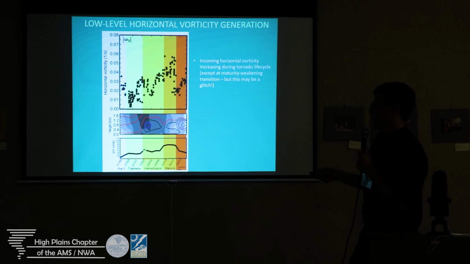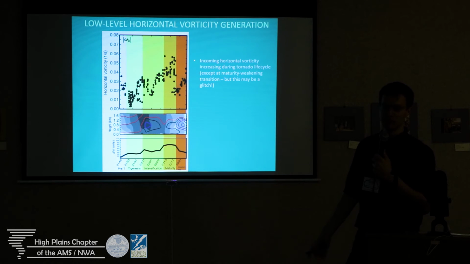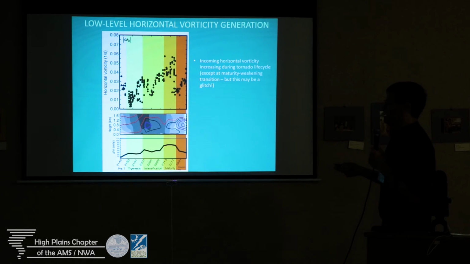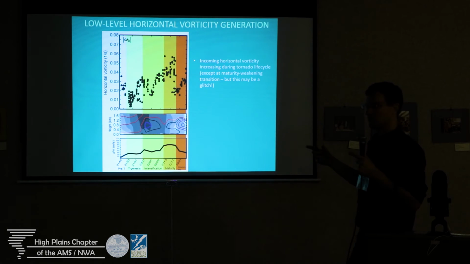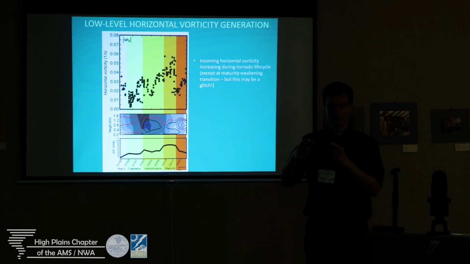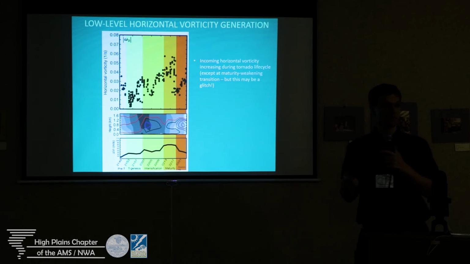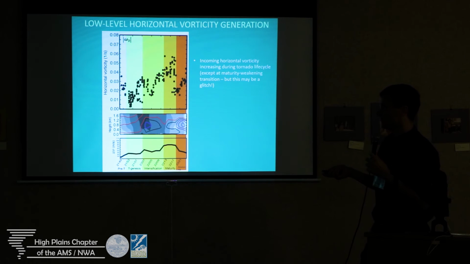But interestingly, maybe the tornado is. Or alternatively, this could be saying that this analysis was just a terrible waste of my time, which probably was. And that what's going on to really ramp up this tornado is on a smaller scale than the mesocyclone, but a larger scale than the tornado, and a scale that we're just not really resolving here very well at all in these simulations, which is quite possible with a 500-meter grid spacing.